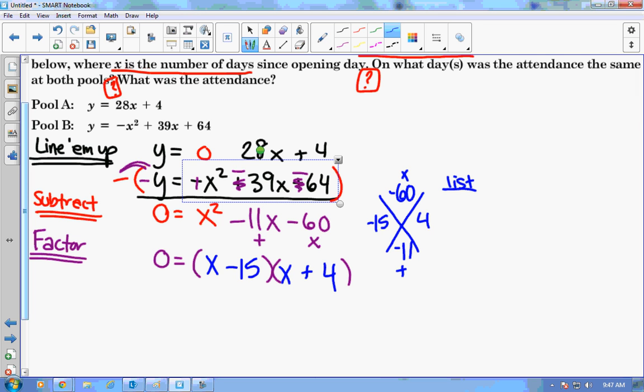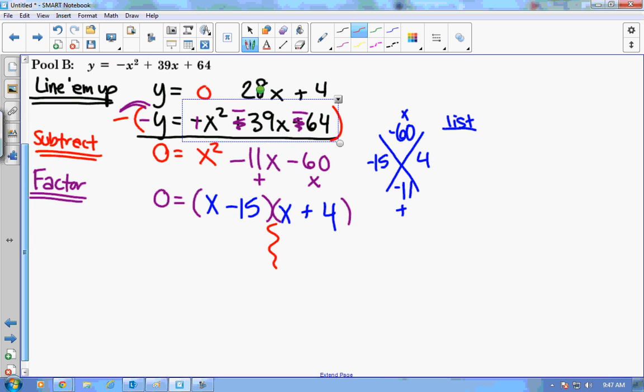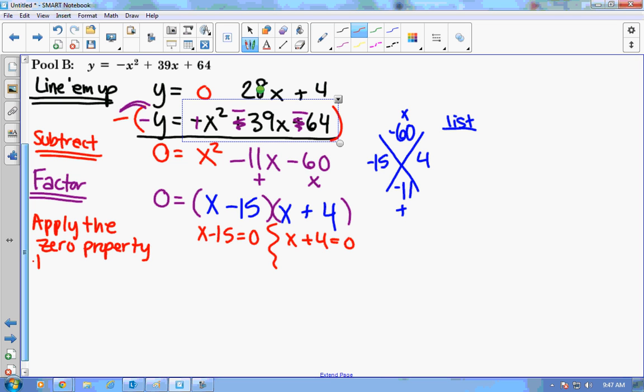We do a little squiggly line and set each individual factor equal to 0. This is using the 0 property. So apply the 0 property to solve. Set each factor, not equation, factor equal to 0.